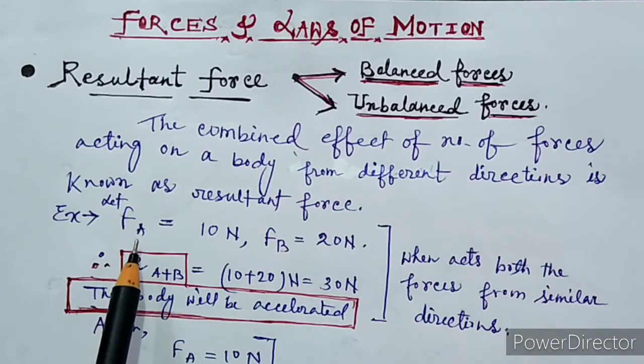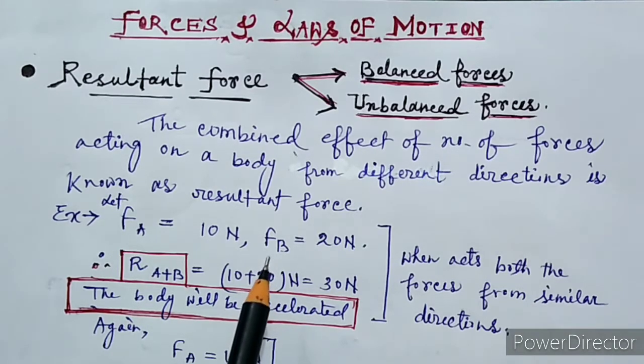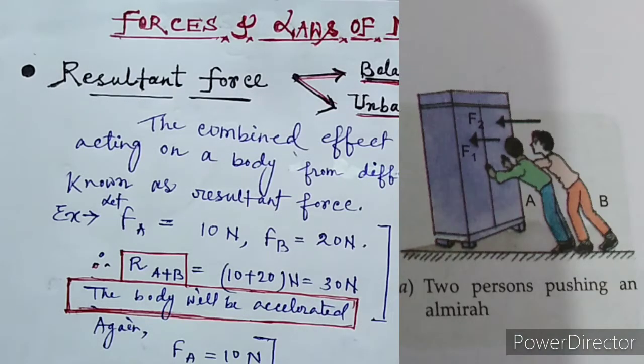Suppose there is a body in which a person is applying a force of 10 Newton, and on the same body another person is applying a force of 20 Newton. When both the forces act from the same direction, then what will happen?